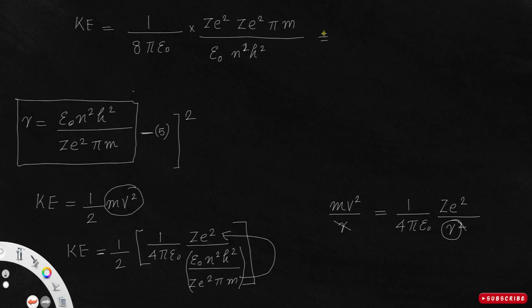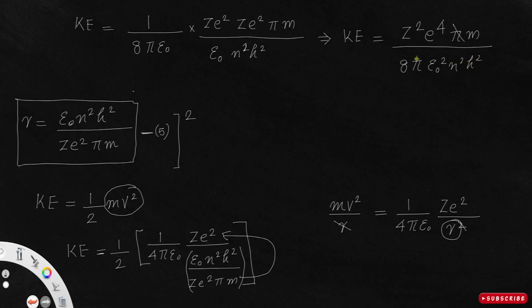Simplifying this, z into z is z square, e square into e square is e raised to 4, pi m divided by 8 pi, epsilon 0 square n square h square.